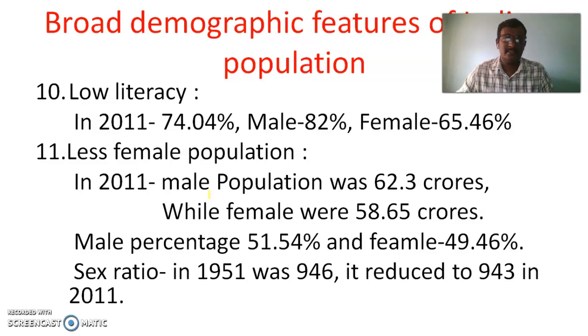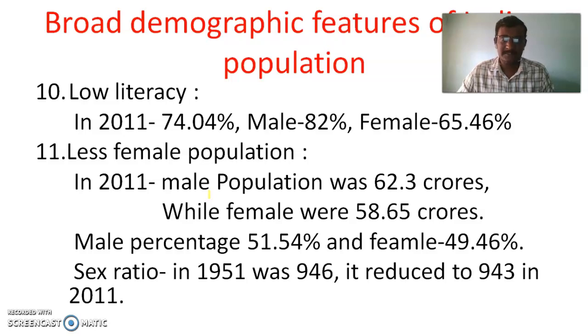Another feature is the smaller female population. The sex ratio is also a big hurdle to the Indian economy. In 2011, the male population was 62.3 crores, while females were only 58.65 crores.